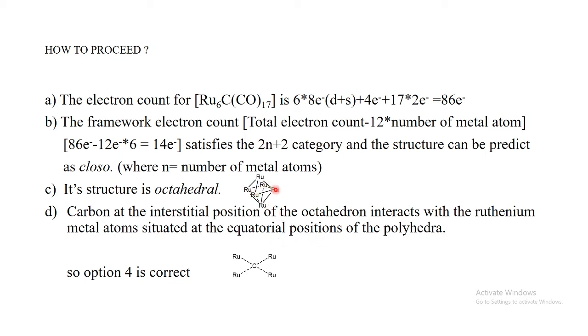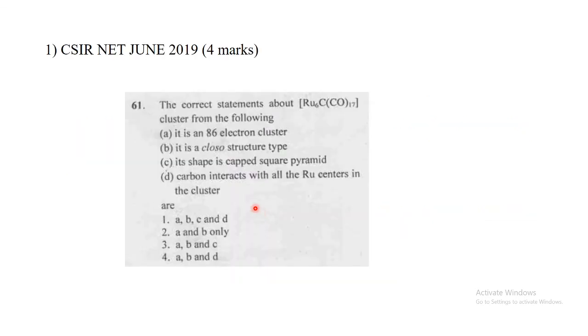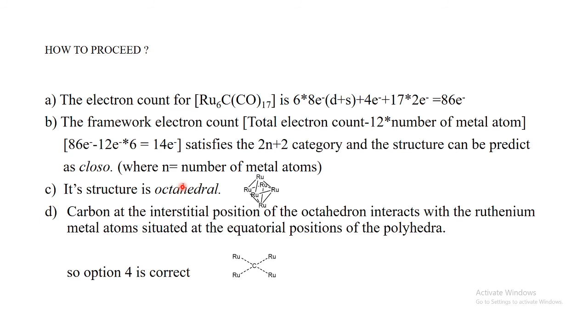That is, the 4 ruthenium atoms situated at the equatorial position of the polyhedra interact with the carbon atom. So the carbon atom only interacts with the 4 ruthenium atoms situated at the 4 vertices of the equatorial position, not the axial position. So the statement that carbon interacts with all the ruthenium centers is not true. So after verifying all the statements, we come to the conclusion that option 4 is correct.